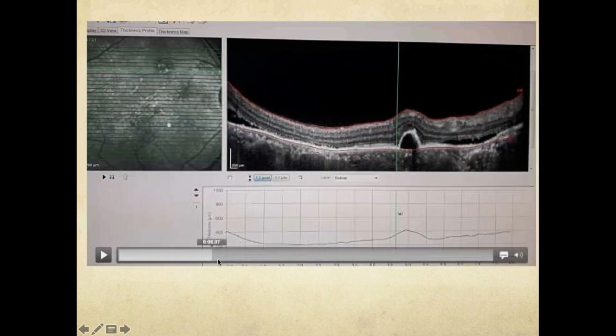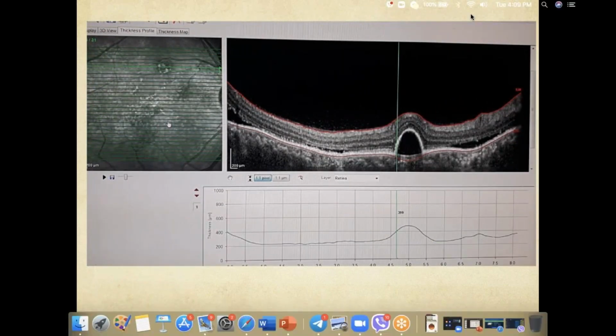Now, by just looking at this and the picture before, what will you diagnose this case as? You have CSCR, you have PEDs, the same woman, same history. Compare the choroid.